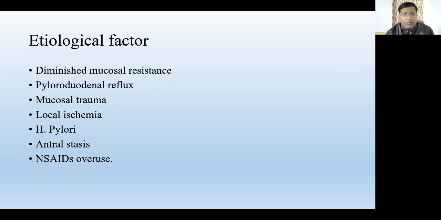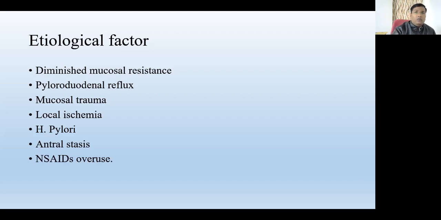Pyloroduodenal reflex is an important factor, when the content from the pylorus comes into the stomach, damages the mucosal barrier, and causes gastric ulcers. Mucosal trauma, local ischemia, H. pylori infection, antral stasis, and NSAID overuse. This is the most important factor.